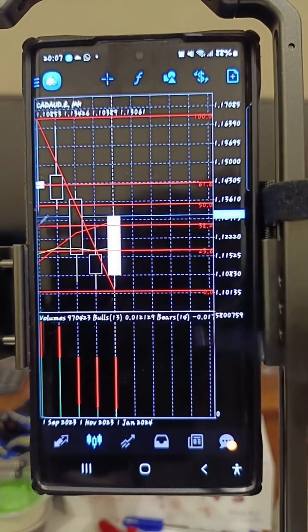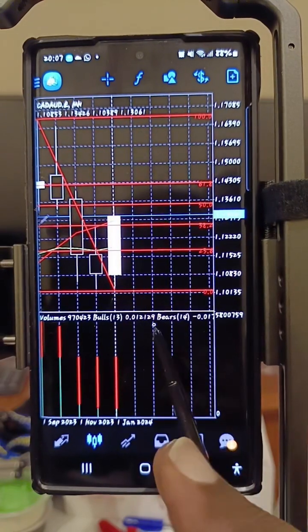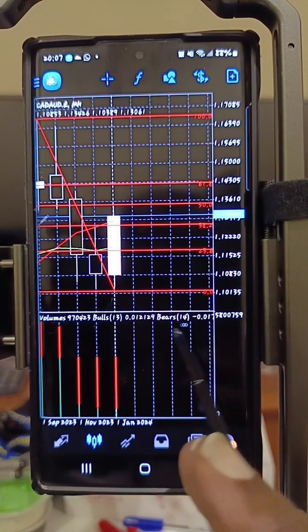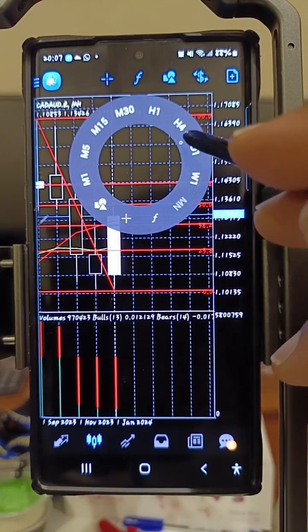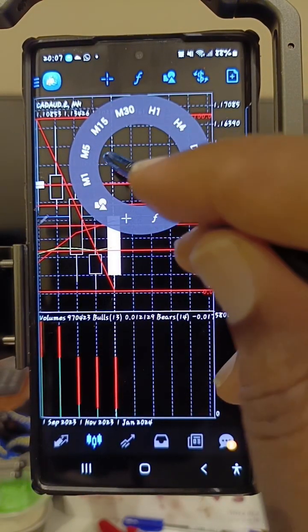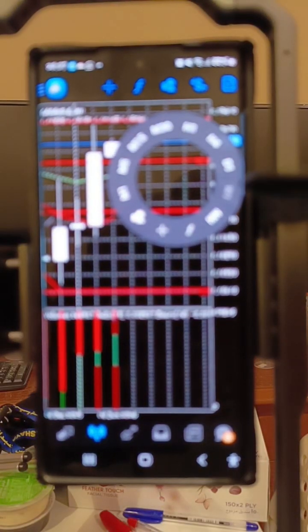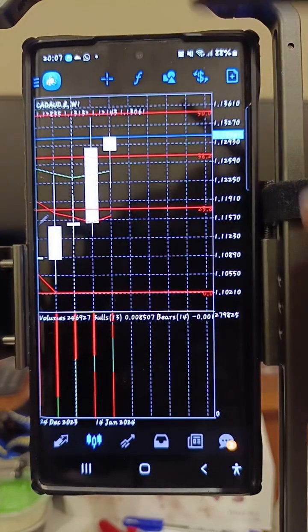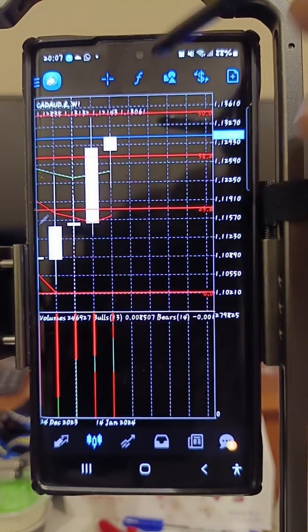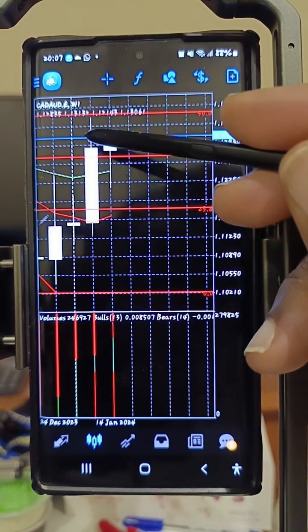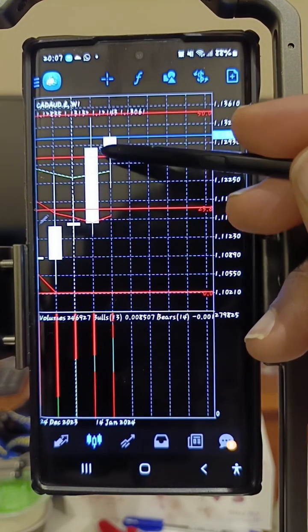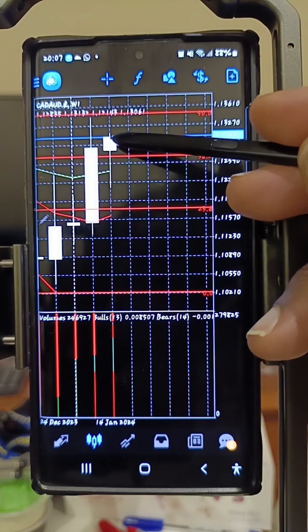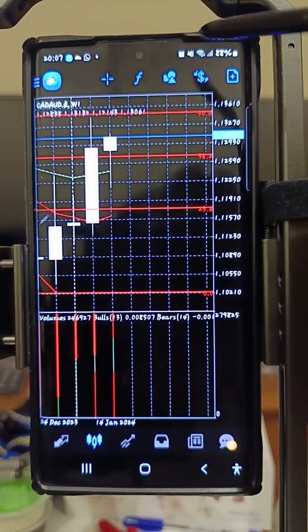You can see some bears happening here, but if I go closer, weekly, you can clearly see it goes to 50, goes down, and it's pulling back a bit, but not much.